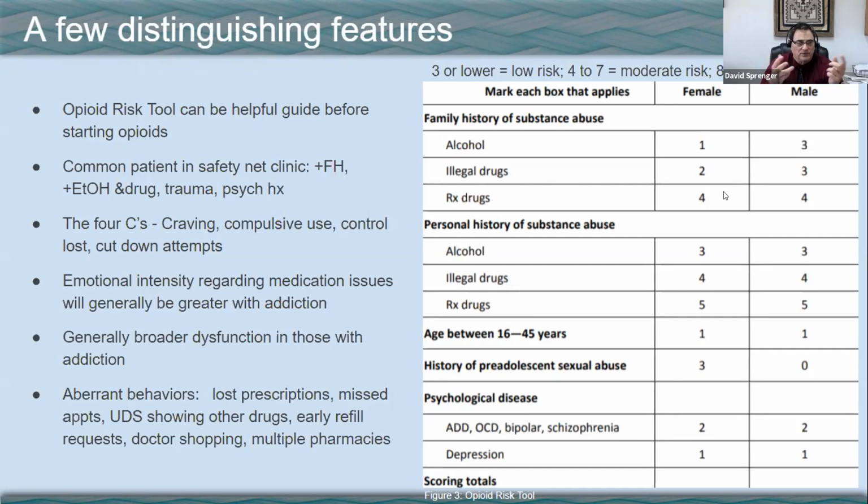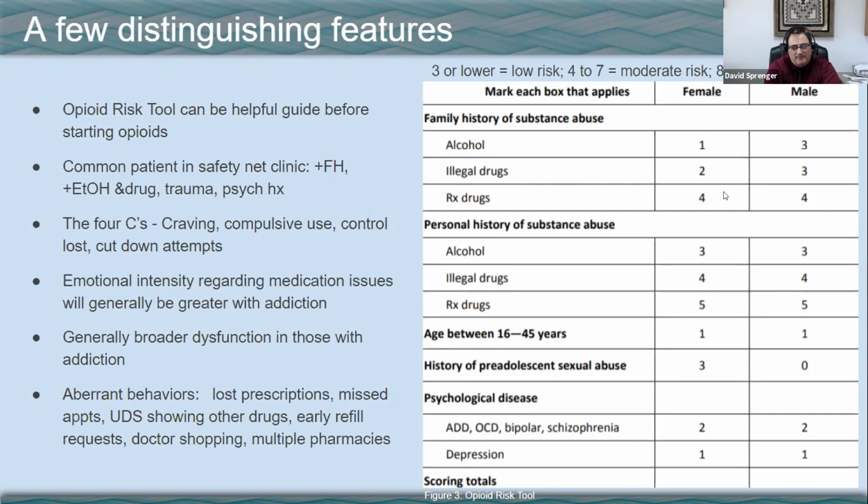Loss of control, which usually goes along with the compulsive use, and then attempts to cut down. This is just a soft sign, but there usually seems to be a little higher emotional intensity regarding the opioid medications when you have a patient that is also addicted.